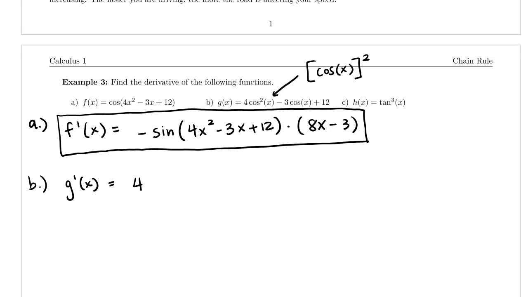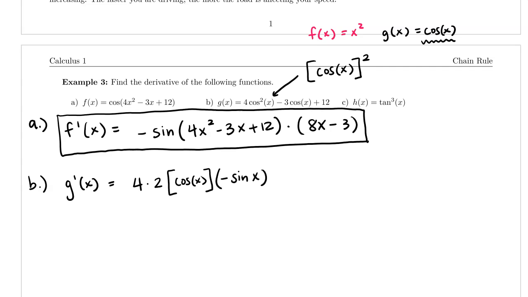And so in this individual term, we have a composite function in that the outer function would be f of x equals x squared, and then g of x would equal cosine of x. So I'm going to take the derivative of the outer part first. I'm going to use the power rule. I'd have 2 times cosine of x. But I still need to multiply that by the derivative of g, or in other words, by cosine.